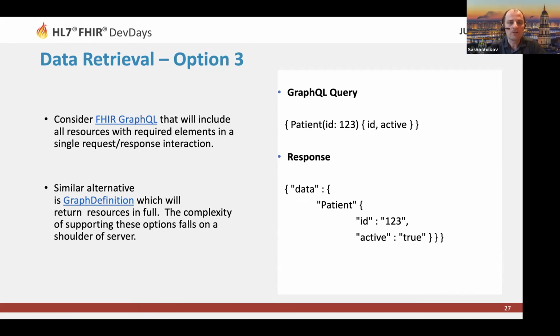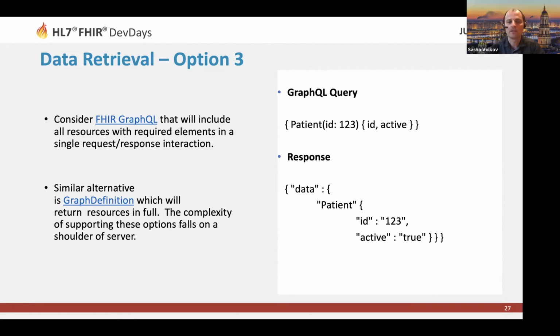FHIR GraphQL also relies on this nature of relationship between FHIR resources as a graph, and it allows you to query on specific resources. But it also allows you to indicate which elements you want to receive back.